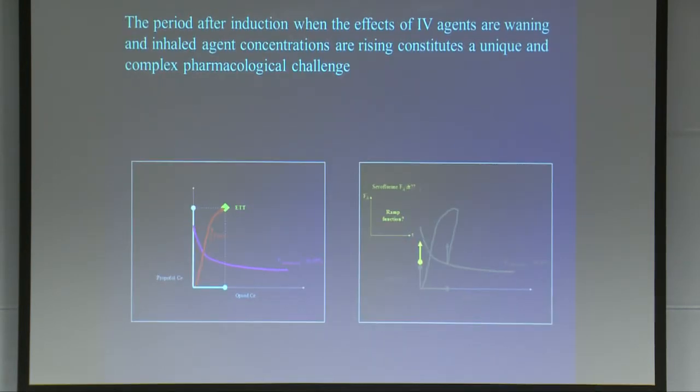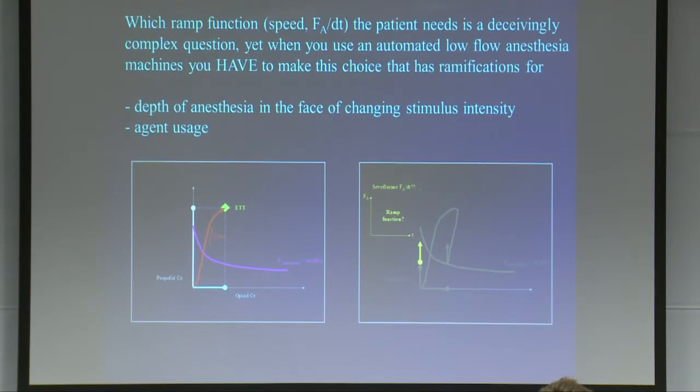The periods after induction, when the effects of IV agents are waning and inhaled anesthetic concentrations are increasing, constitute a unique and complex pharmacological challenge, just like Michel just told us. Which ramp function the patient needs is a deceivingly complex question.